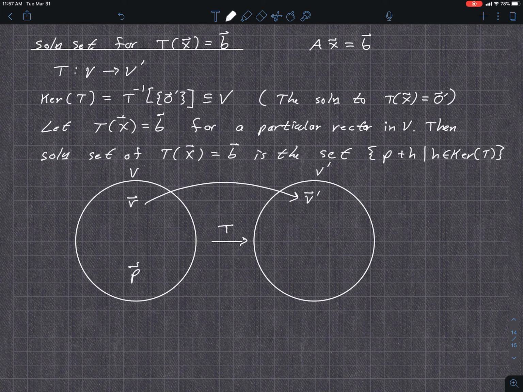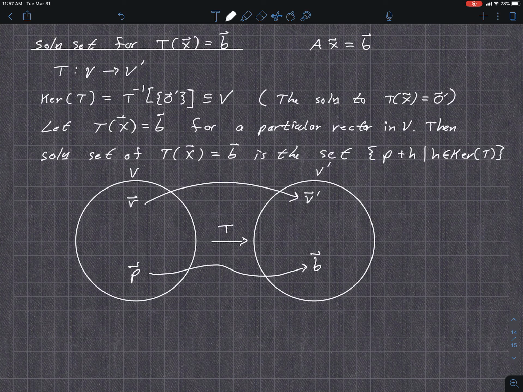Then you have a particular solution, p, mapping to, say, b, like that. All right, so that's like a vector 1, 2 mapping to 3, 5 or something like that.